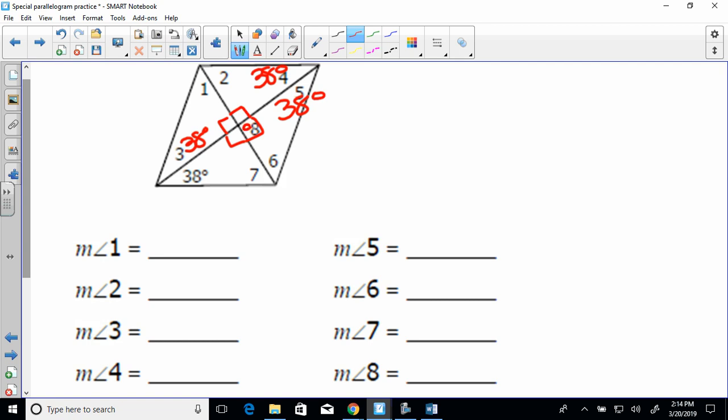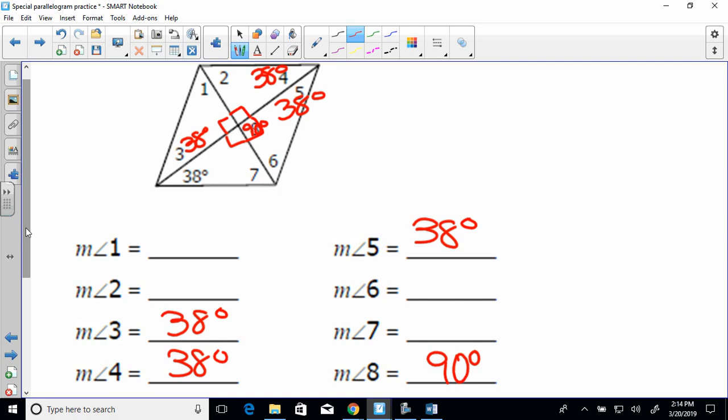So angle 8 is 90 degrees. I'm going to go ahead and fill these in. So 3 was 38 degrees, 4 was 38 degrees, 5 is 38 degrees, and we know that 8 is 90 degrees. All right, so we still got a few more to find.